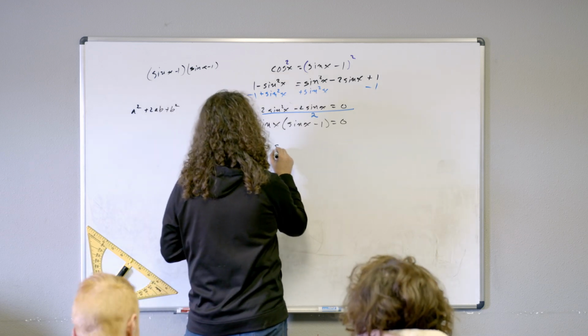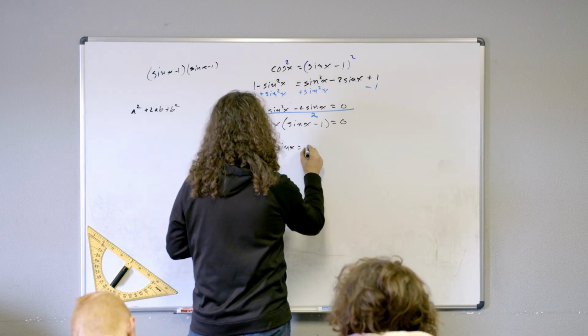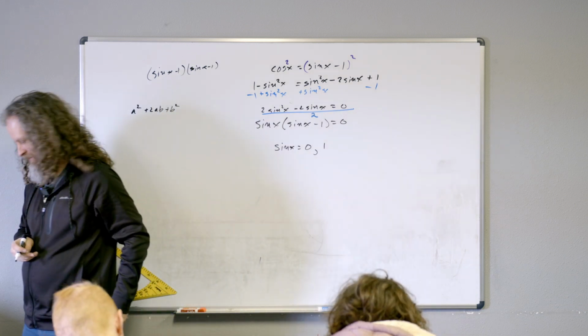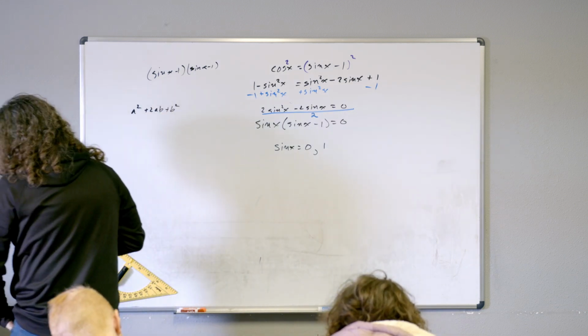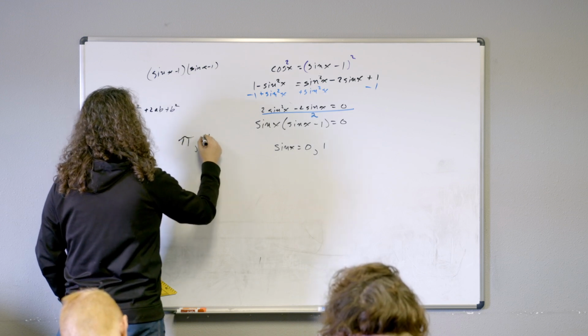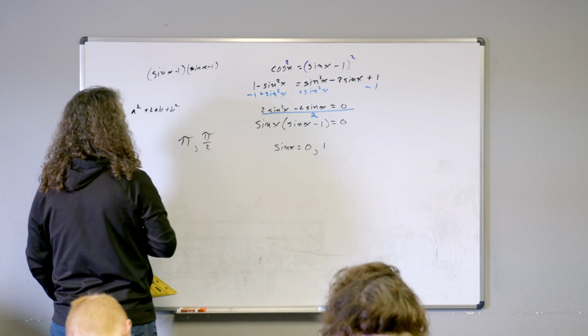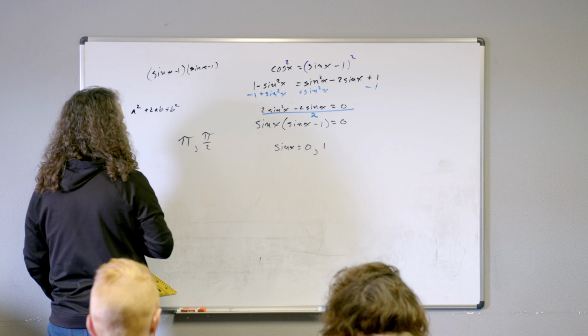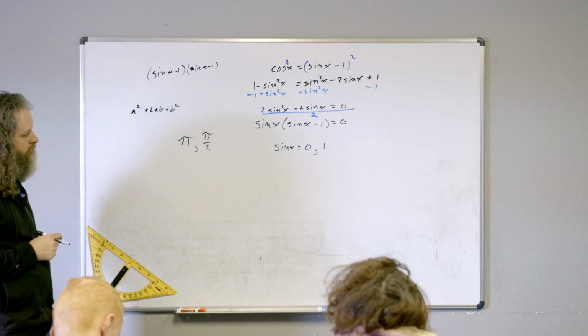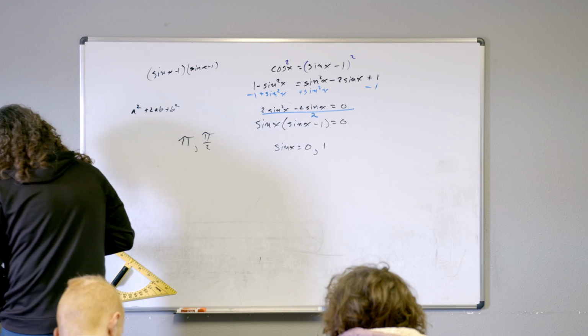True enough. So then looking at the magical chart of secrets and magic, that gives us 0 and pi over 2, and 3 pi over 2. Wait, why is it going to do pi?